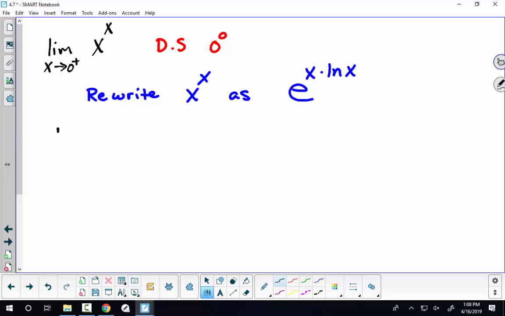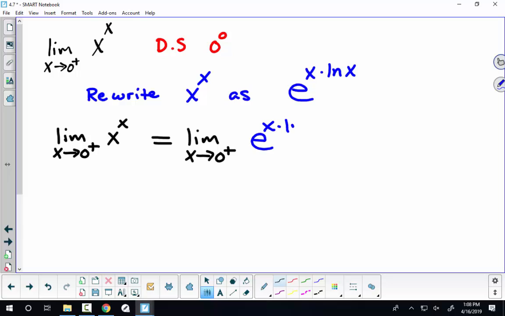So instead of computing the limit as x approaches 0 from the right of x to the x, we're computing the limit as x approaches 0 from the right of e to the x times natural log of x.